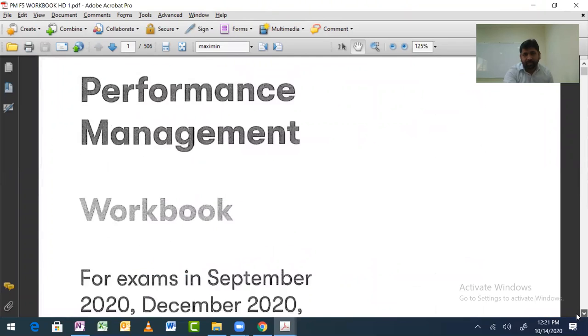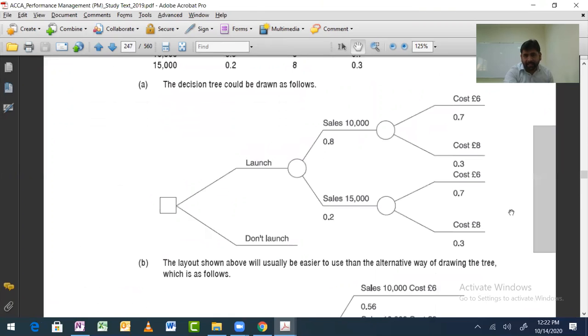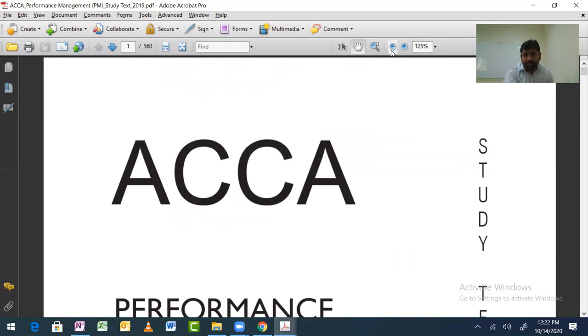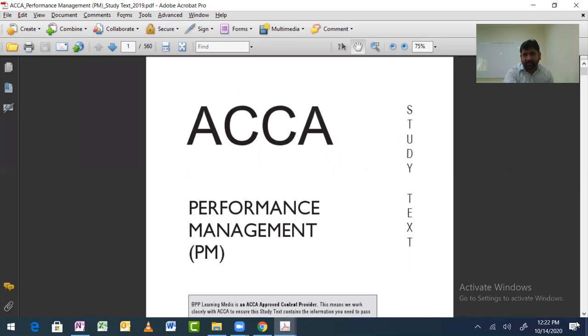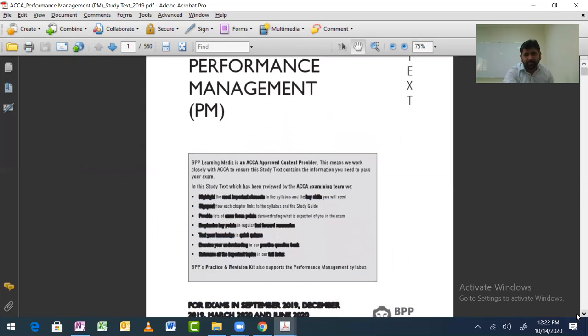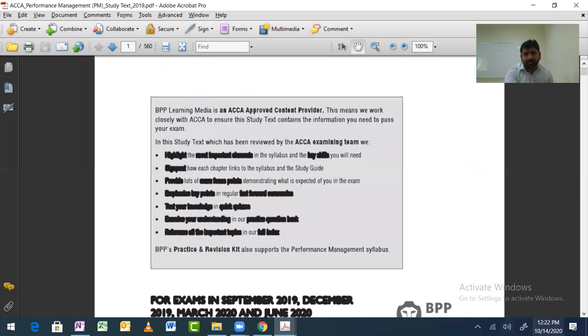If you have this, see, this is June 2021. That's the workbook. The one that I was using in the class is the study text which ended on June 2020.